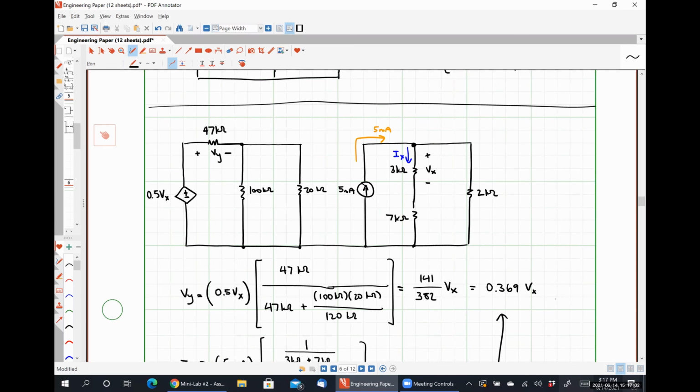But for the third section of class, wherein we are analyzing steady state sinusoidal circuits, we are going to fall back on these principles of current division and voltage division very, very heavily.